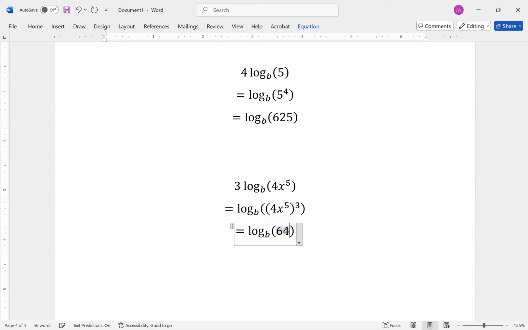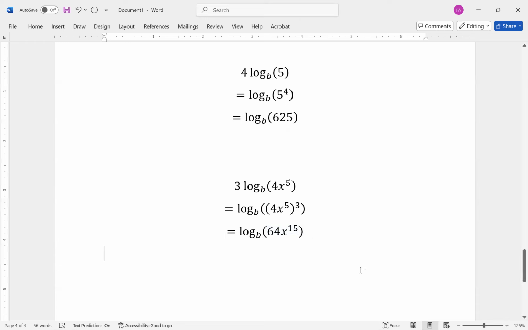That would be 64. And then also x to the fifth to the third power. That would be x to the 15th using rules of exponents. So be careful about that.